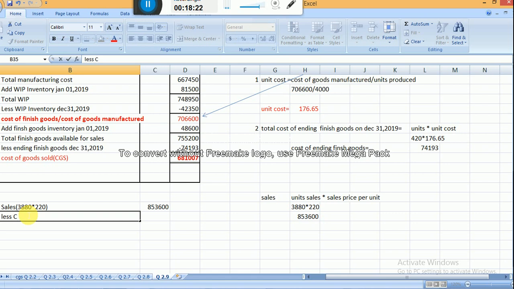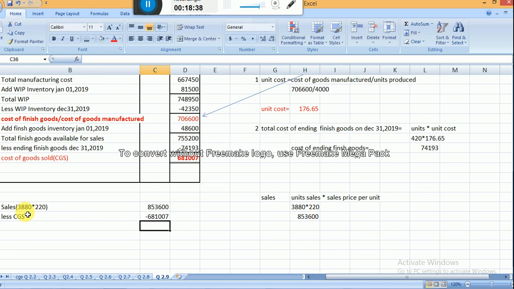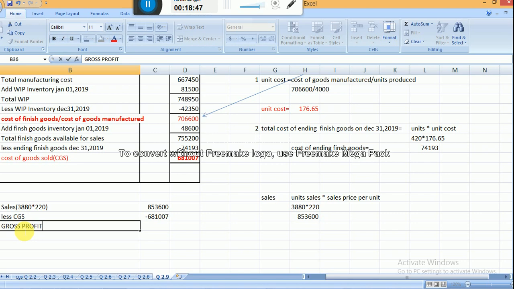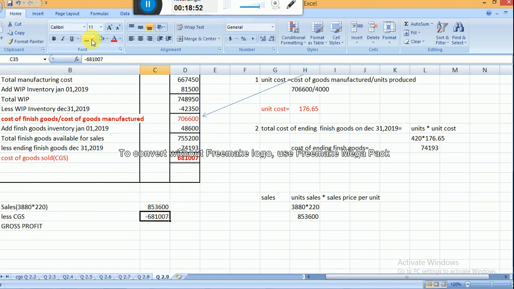So how much is our cost on it? We subtract CGS. CGS is 6,81,007. This is our cost. So how much is gross profit? Sales minus CGS equals gross profit.